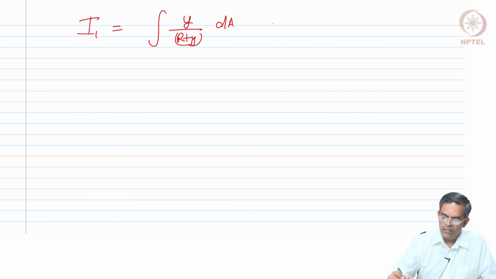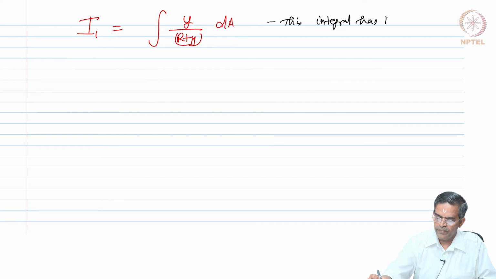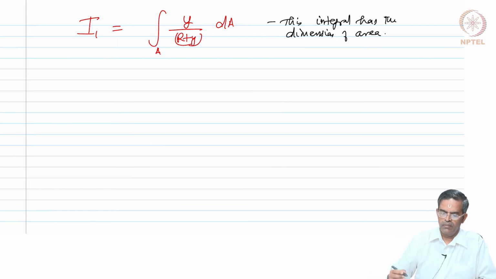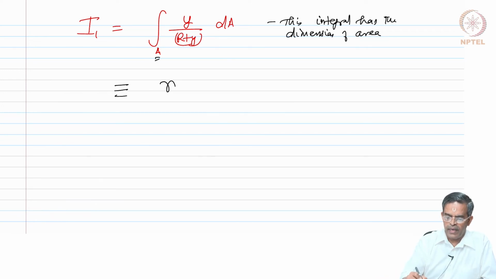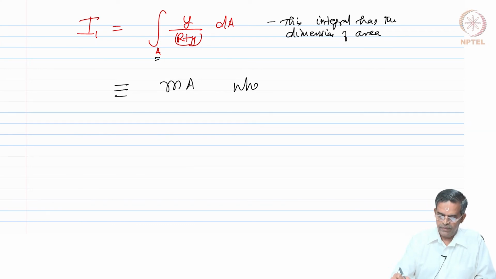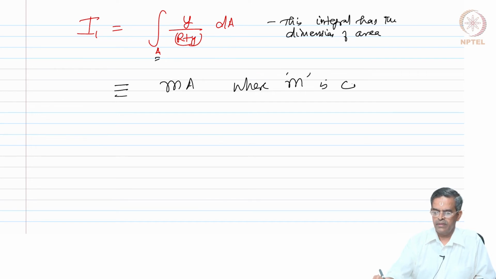This integral has the dimension of area, because this is over the area A. So, I could say this is identically equal to MA, where M is a constant.